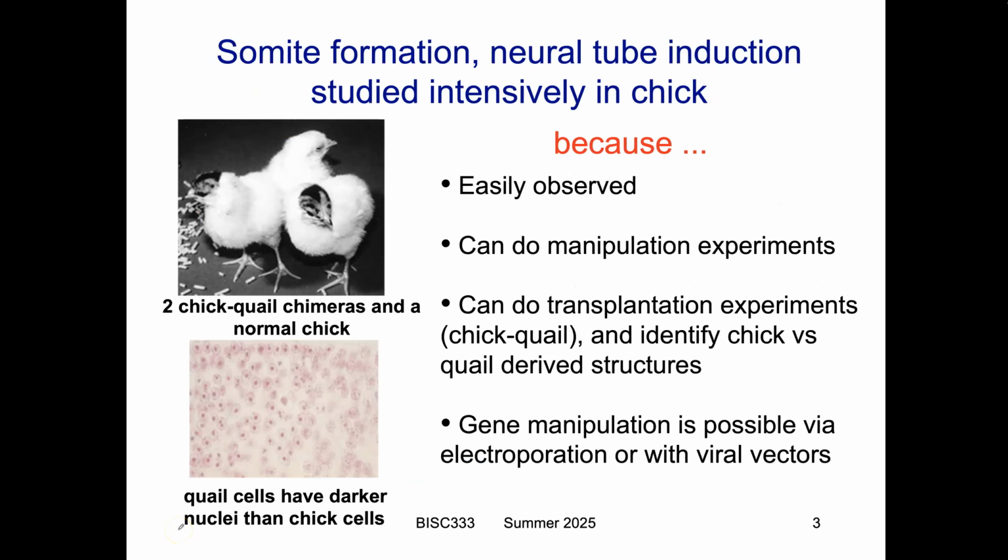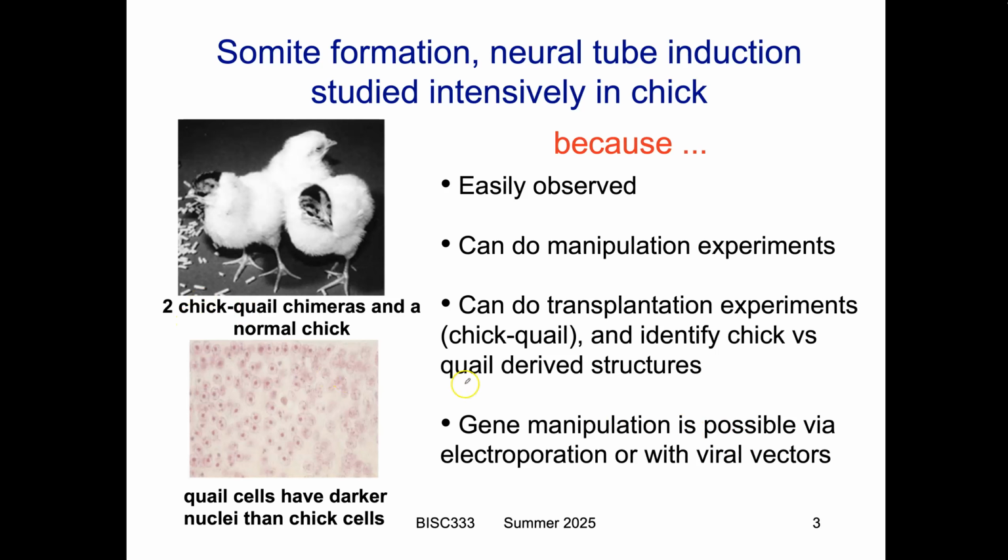Now, there's a lot of work that's been done in the chick embryo, because it turns out that chick and quail are closely related enough and similar enough that you can make chimeric embryos. So embryos where you've transplanted some tissue from a quail embryo into a developing chick embryo.